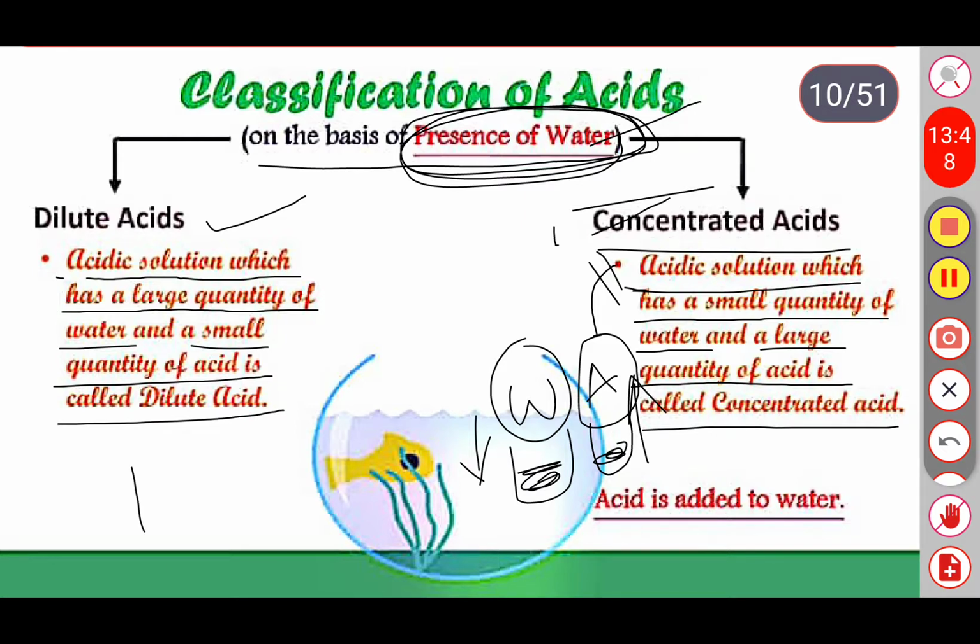It means in a dilute solution we have a huge amount of water and very little acidic substance. These types of solutions are considered dilute acids.